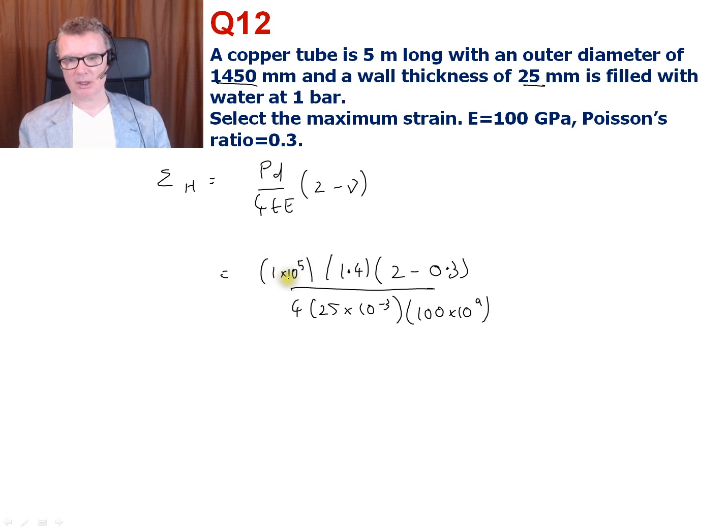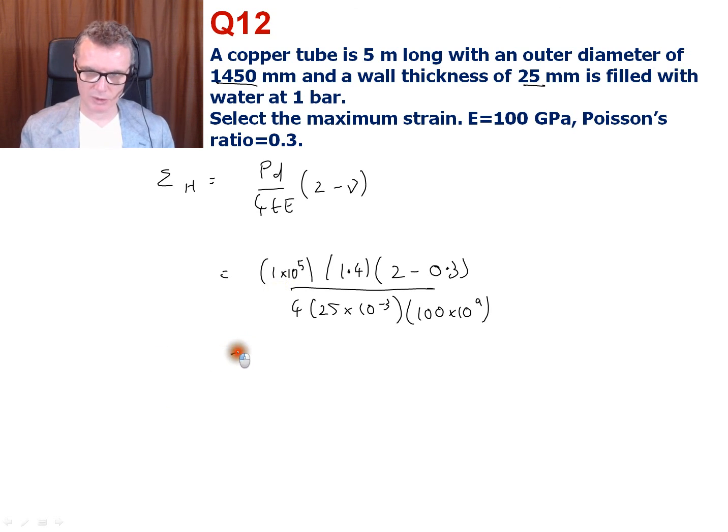If you just say 10 to the 5, it's easy then to type into your calculator 10 to the power 10 to the 5. So if we put the 1 there, we explicitly won't forget to put it in. So 1 times 10 to the 5 times 1.4 times 2, take away 0.3, close the bracket.